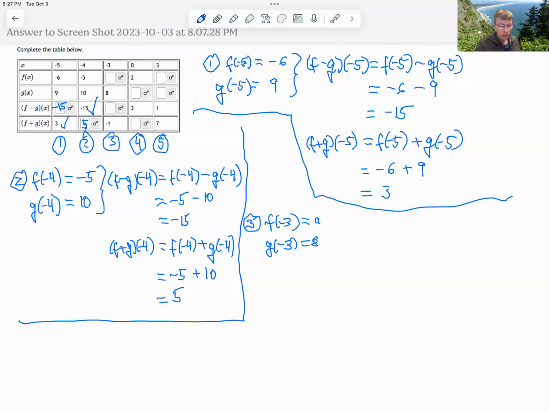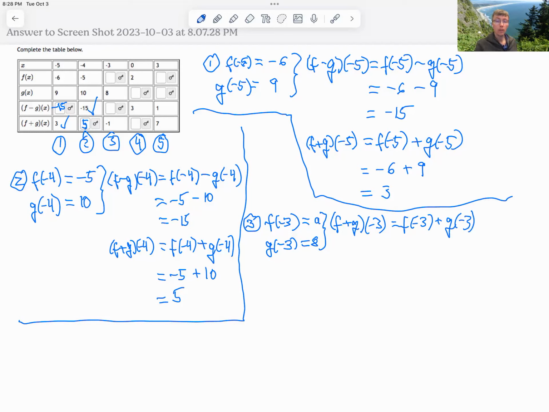So let's start with f plus g. So together, we can find again f plus g of -3. And that is f of -3 plus g of -3.